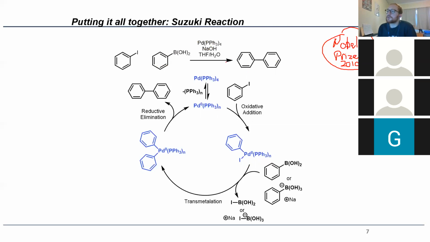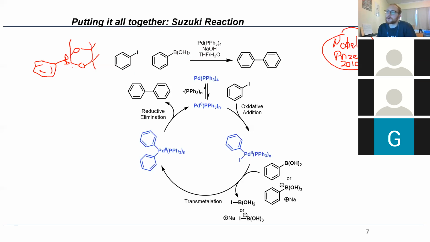The Suzuki reaction typically is the coupling of an aryl halide, here I've chosen an aryl iodide, and an aryl boronic acid. It can also be a boronic ester, which would be something like this, an aryl boronic ester.